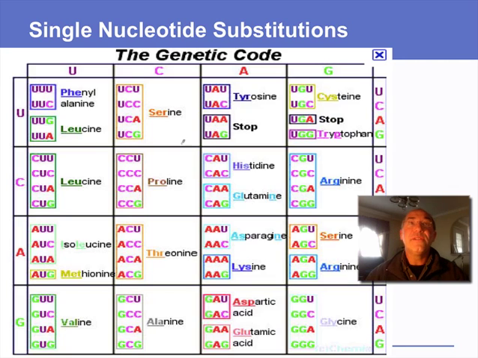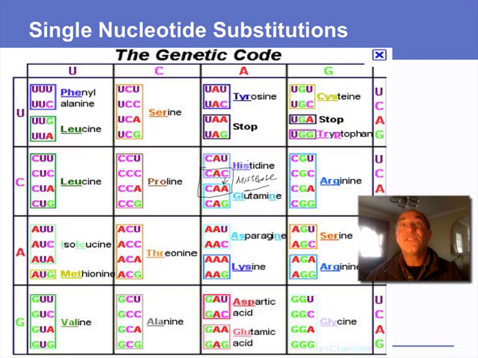Here's the genetic code, and we can look at a few examples here. For instance, here's the one that we talked about. If you go CAC to CAA, you change it from histidine to glutamine, and so this would be a missense mutation.